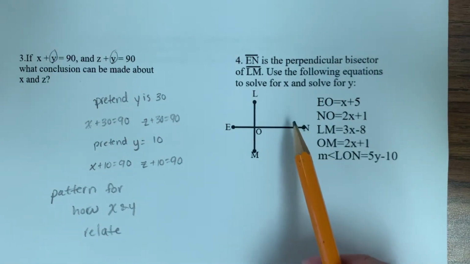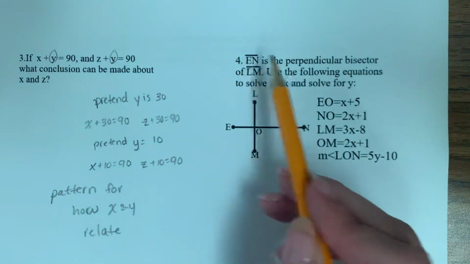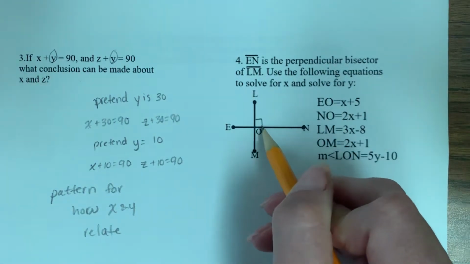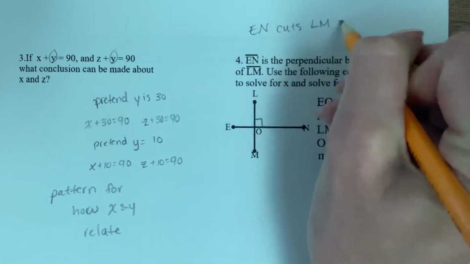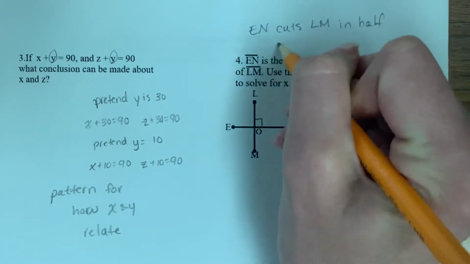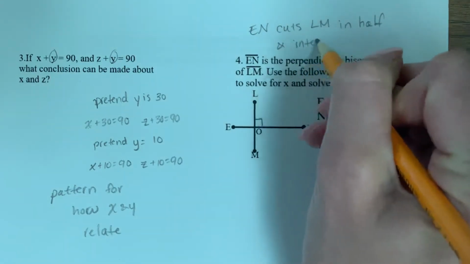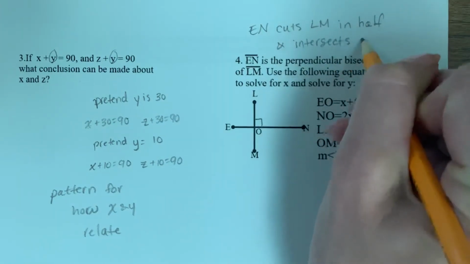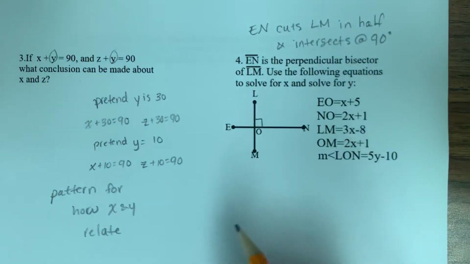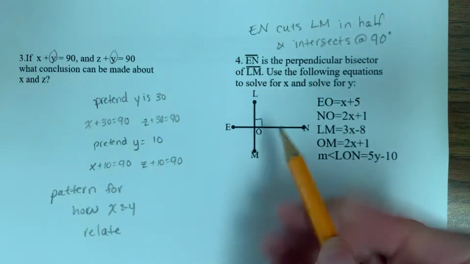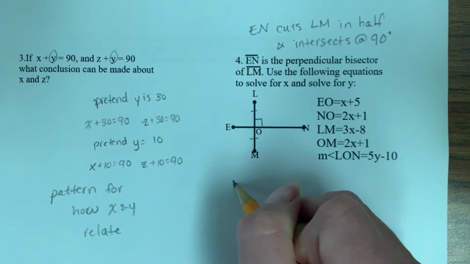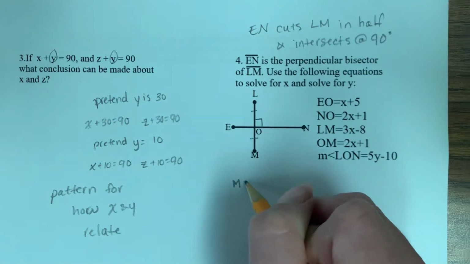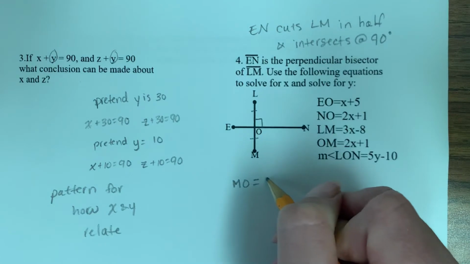In this one, a perpendicular bisector, so we know that if it's perpendicular, that means EN cuts LM in half and intersects it at 90 degrees. So if I know that information, LM is the one that got cut in half. I know that from M to O would be equal to OL.